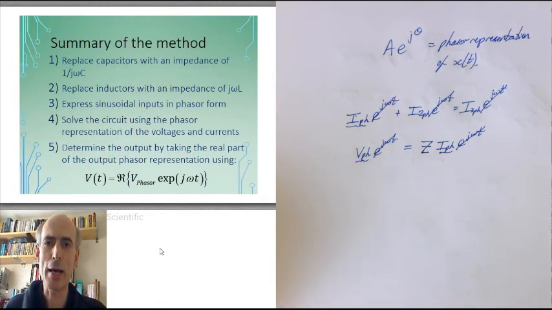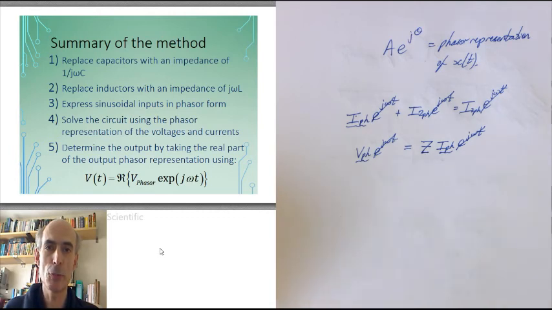So after all that theory, the actual technique that you have to use to solve an AC circuit is quite simple. The steps: replace all capacitors and inductors with their complex impedances, express all your sources in terms of their phasor representations.